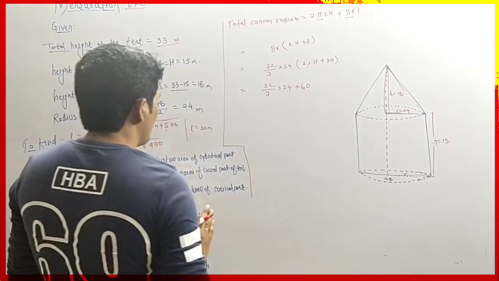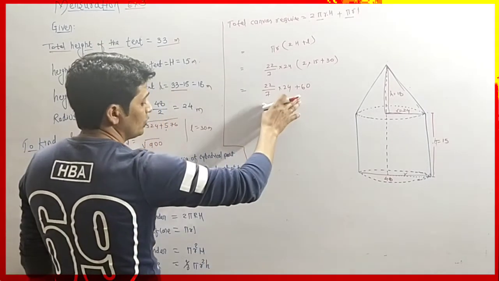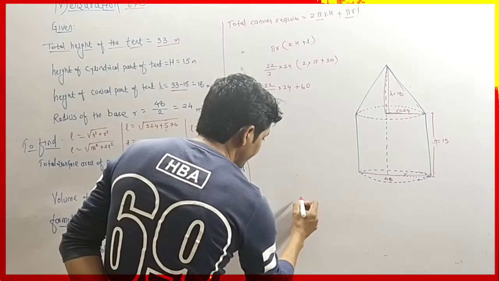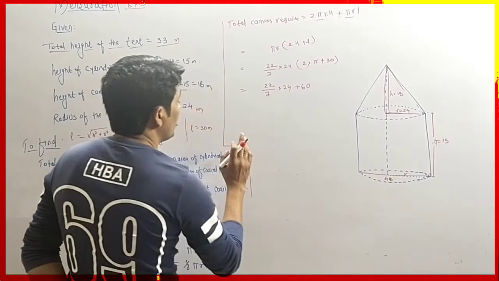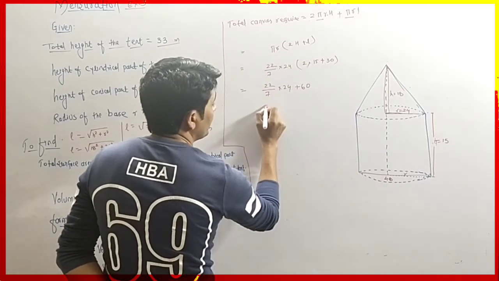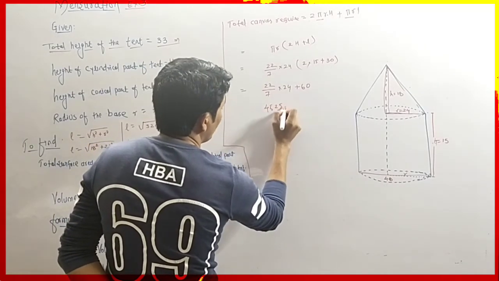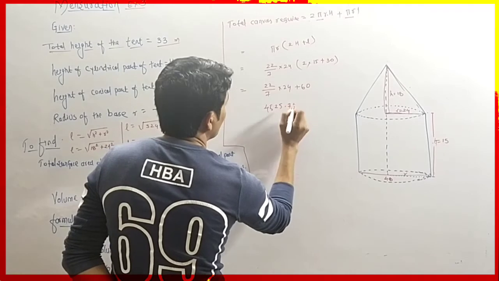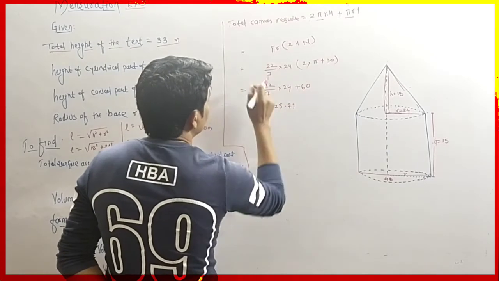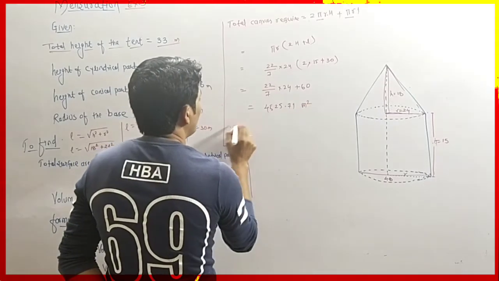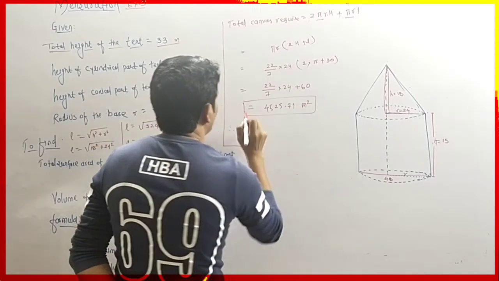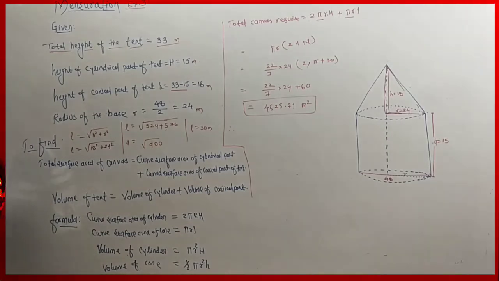Now once you solve this, 22 divided by 7 into 24 into 60, you will get 4525.71, and it is the total area, so it is meter square. Therefore we have our first answer: 4525.71 square meter of canvas will be required for the tent.